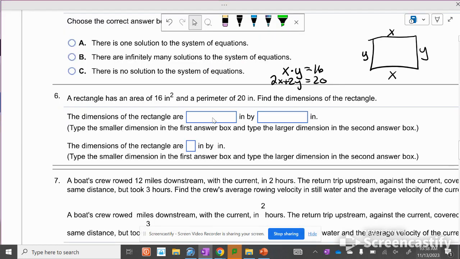So the dimensions of the rectangle are 2 by 8. The dimensions of the rectangle are so many inches by so many inches. That's weird that it comes up twice. I don't know why that did that.